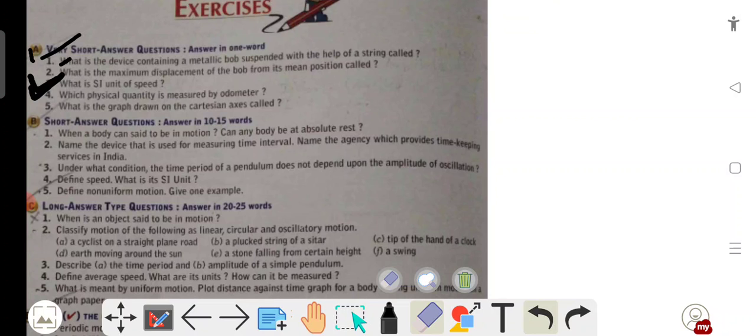Question number A5. What is the graph drawn on the Cartesian axis called?